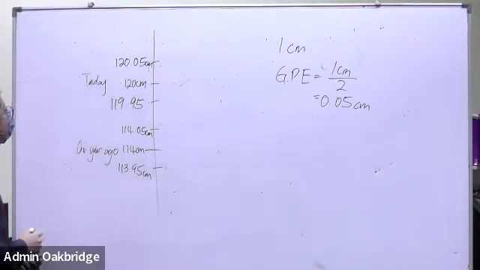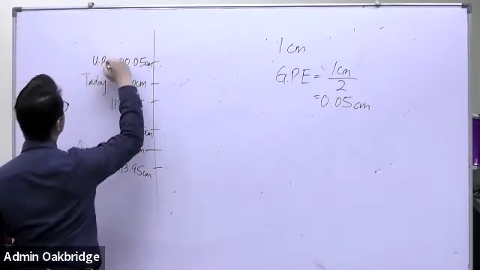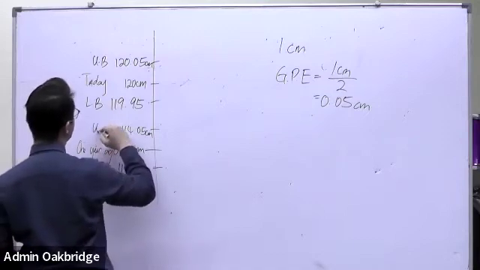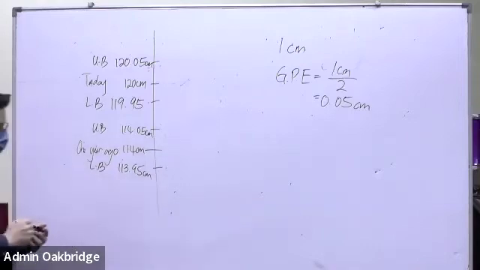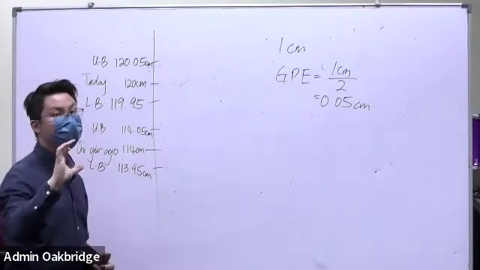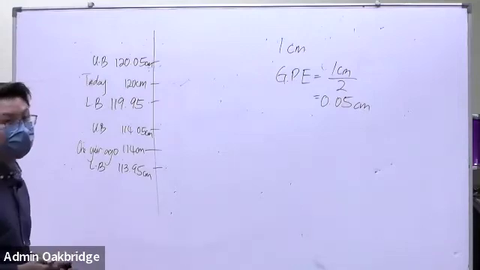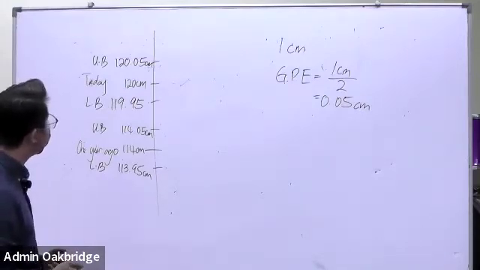So you have upper bound, lower bound, upper bound, lower bound. You want to find out the upper bound for the increase. Upper bound means what? Maximum difference. One over 2 what? 0.5. Oh, there's a mistake here.